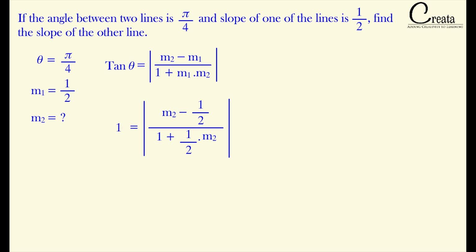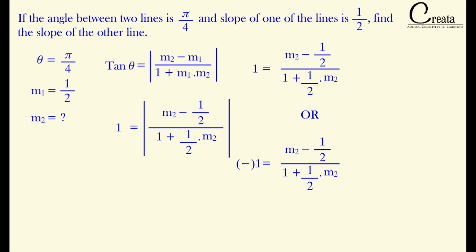Here this term is in the mod, which means it is either positive or negative. So let's take two cases. In the first case this is equal to 1 and in the second case it is equal to -1. On solving, we got m2 is equal to 3 or m2 is equal to -1 by 3.